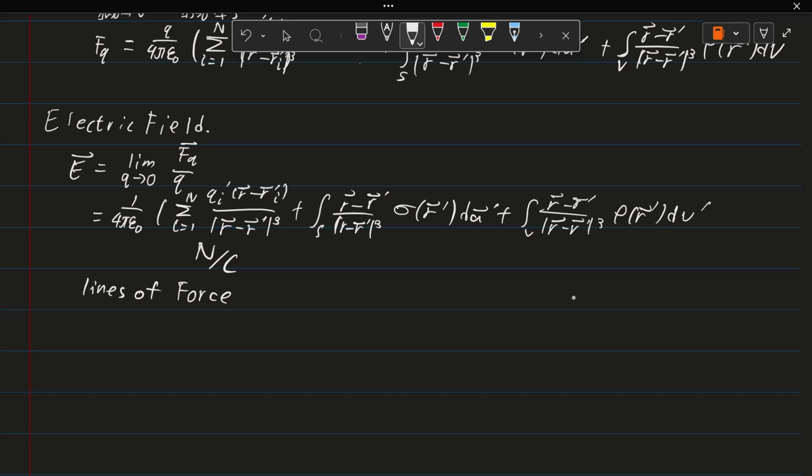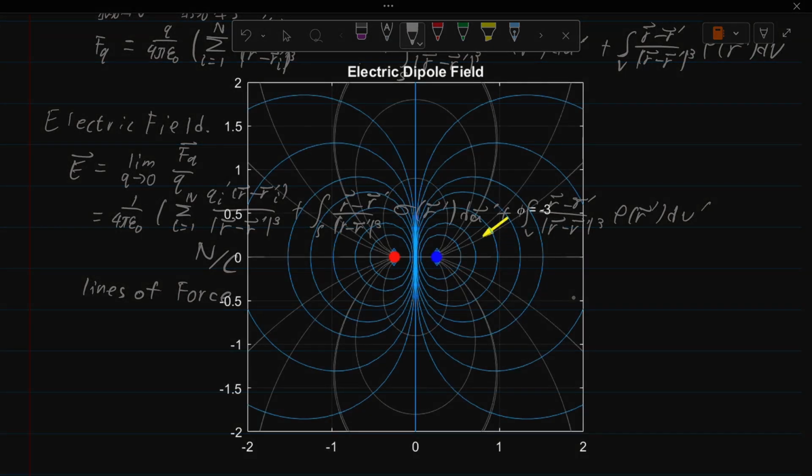This is pretty similar to how we defined the gravitational field back when we did General Physics 1. So if we refer back to the idea of the dipole that I have shown in the simulation, we have this electric field shown as these gray lines. These gray lines actually don't tell you about the direction. There should be an arrow pointing, but I didn't put that in.